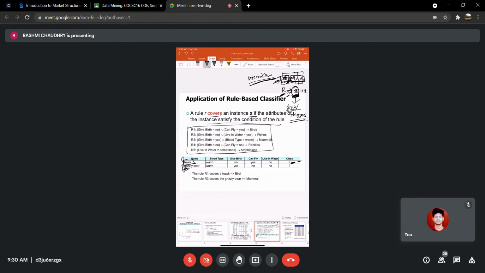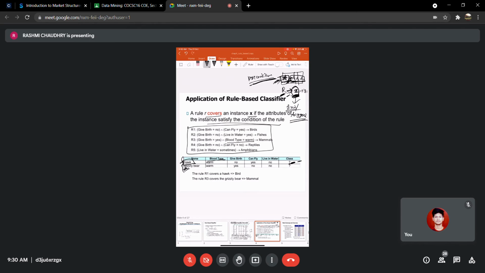Now if you observe this one, you have to find out this record's class label. So let's check. Blood type is warm. How many matches are there? Blood type warm.